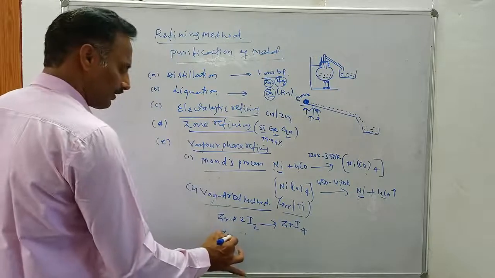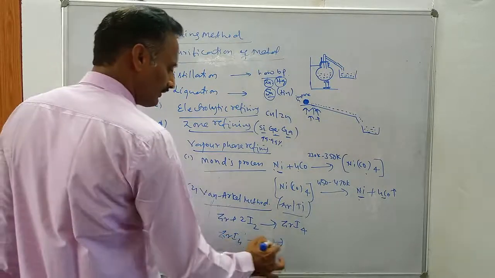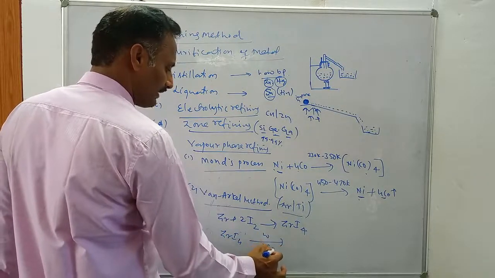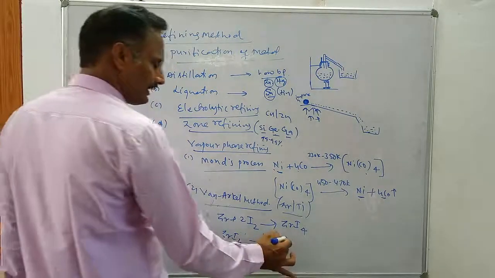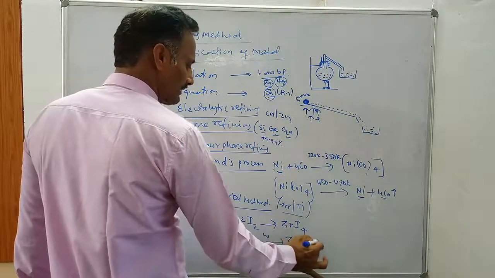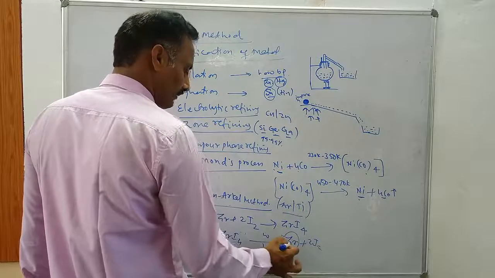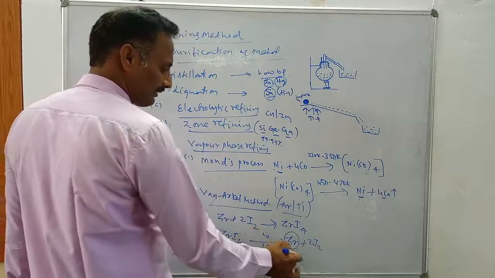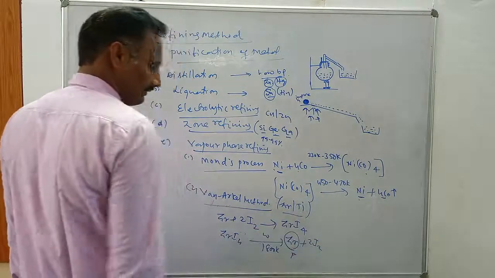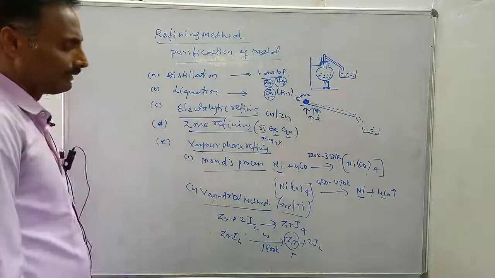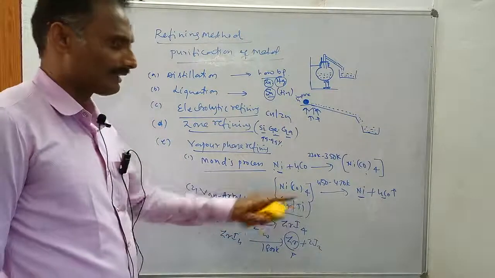On heating with a tungsten filament at about 1800 Kelvin, we get zirconium, iodine gas is evolved, and the pure zirconium is deposited on the tungsten filament. Like this we remove the impurities present in zirconium and titanium.